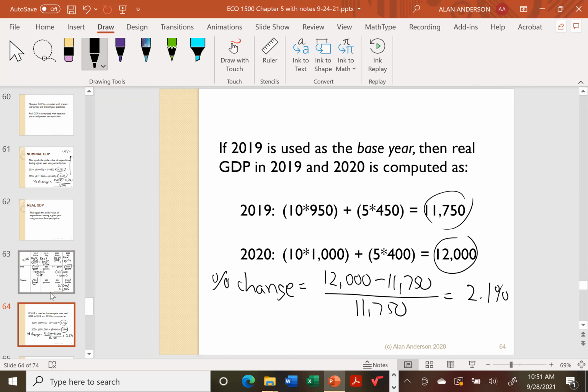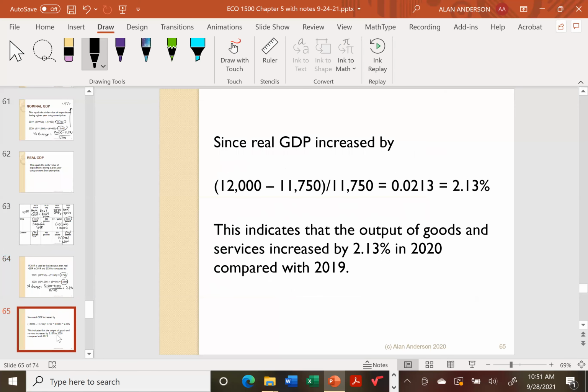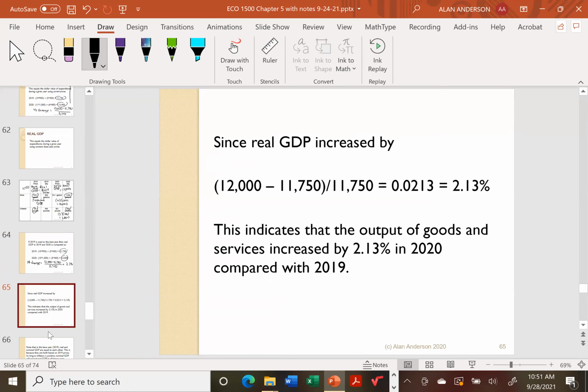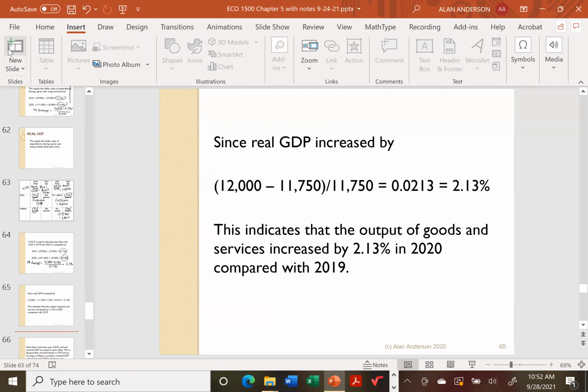So basically, what's happened here is that nominal, let me just type this in. You're right, there it is, 2.13. So nominal went up by 14%, roughly. Oh boy, hold on.